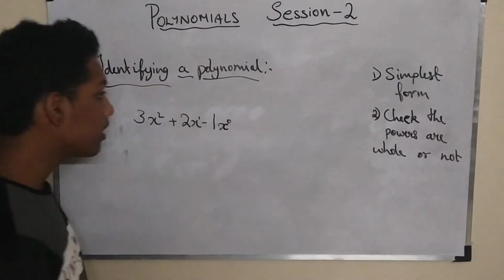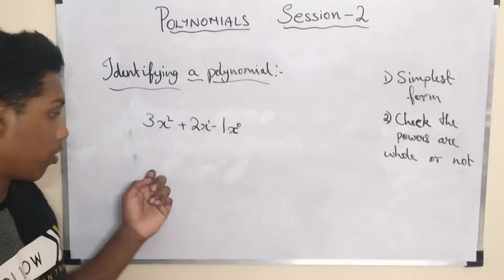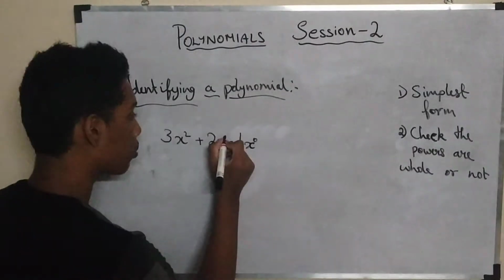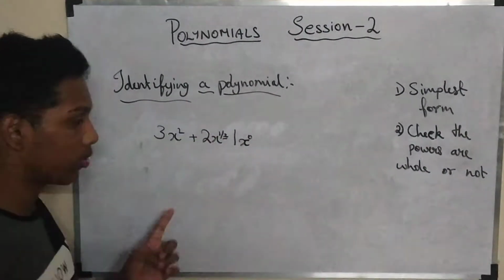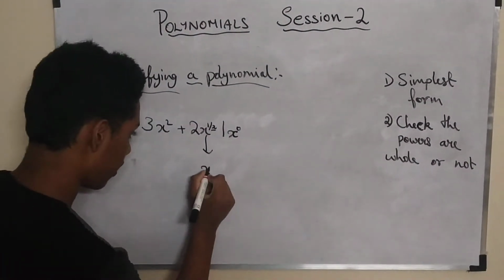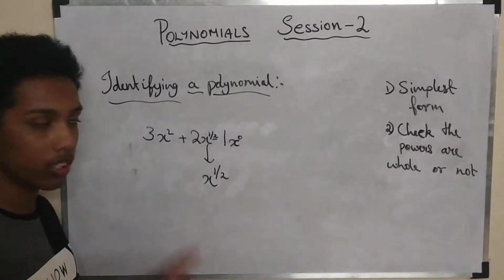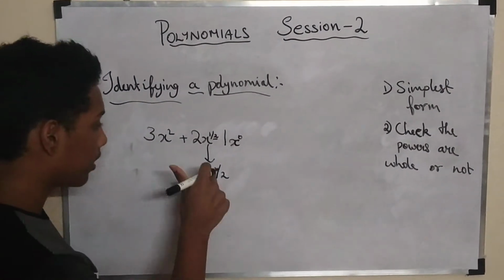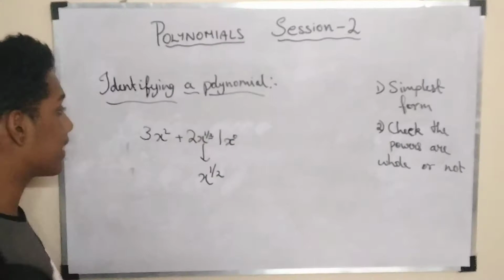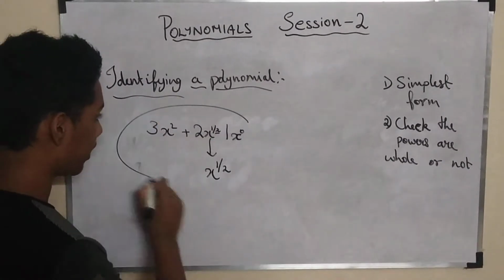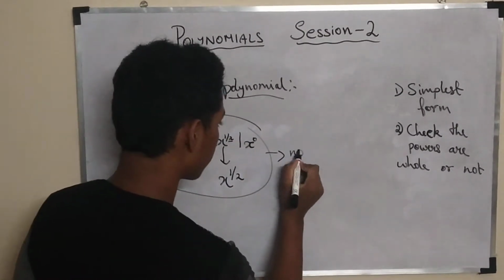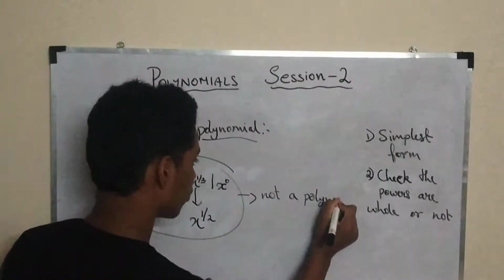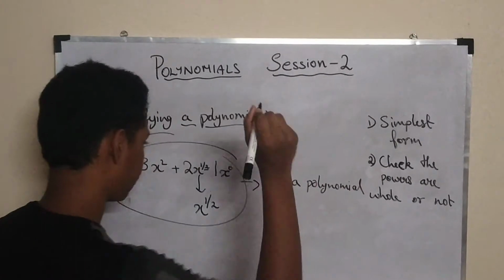Now in the second step, we can identify easily that this is not a polynomial if those are not whole numbers. For example, if this was 2x to the power 1 by 2, instead of the power being 1, if it was 1 by 2, then you can say that this power is not a whole number. So you can say that this entire thing is not a polynomial.